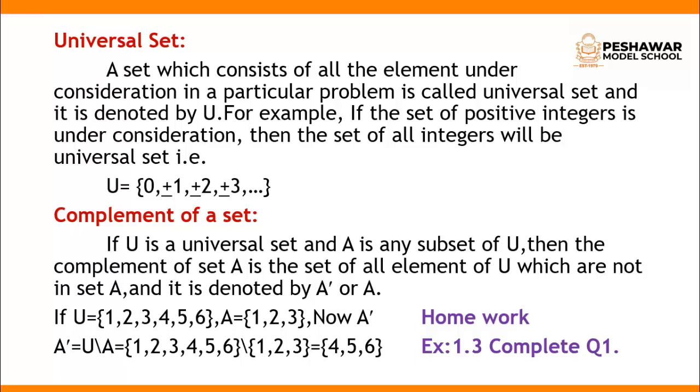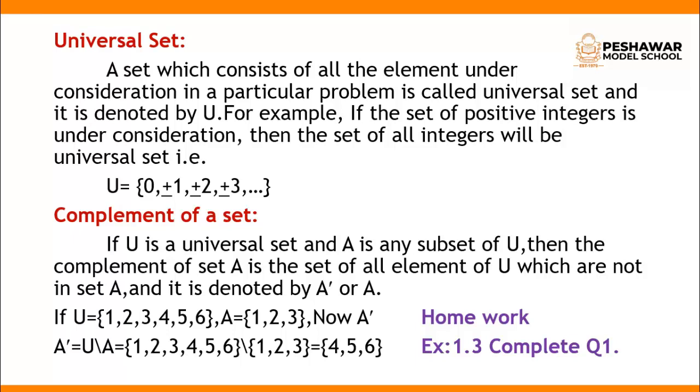Now come to the next topic, that is the complement of a set. If U is a universal set, which consists of all elements under consideration, and A is any subset of U, because the elements included in set A are already present in set U, so A is a subset of the universal set.